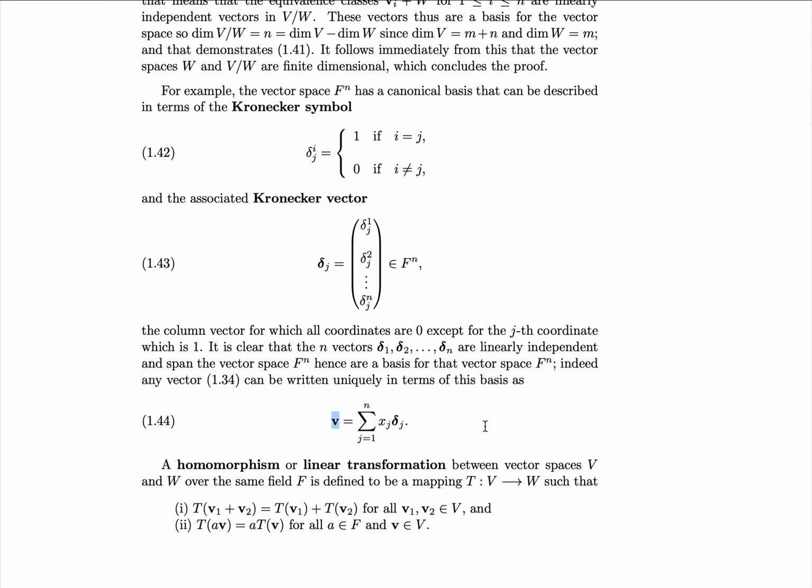This also kind of gives natural coordinates in the idea that if you list out each of the elements of the vector v as numbers, you'll see that those numbers are exactly the coefficients on each of the delta_j vectors. So you can think about these as a natural coordinate system for the space. We're calling that the coordinates are the coefficients on any basis.